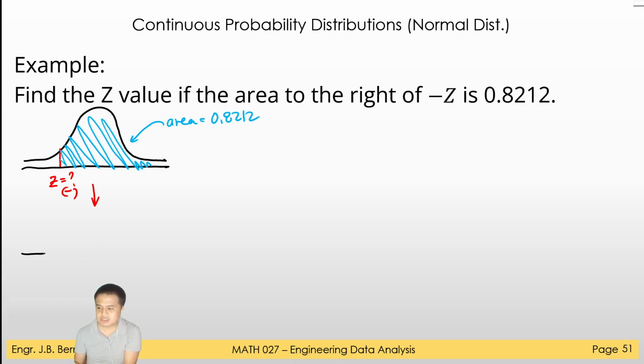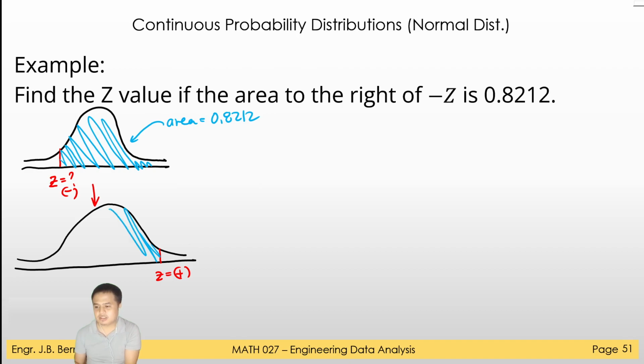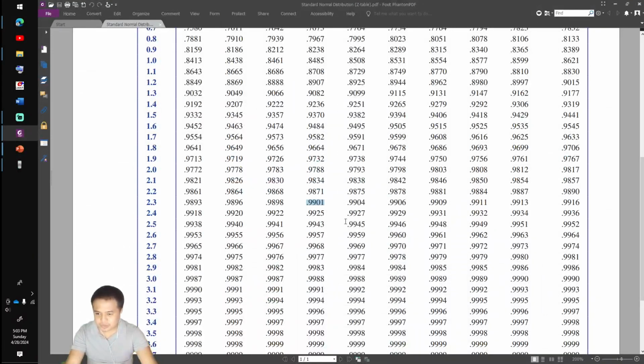Since we know that this is symmetrical, guys, we can also say that the z is positive here, and the area that is given is still 0.8212. So we can use the table and find this value, and then we can find the z-score. That's basically it.